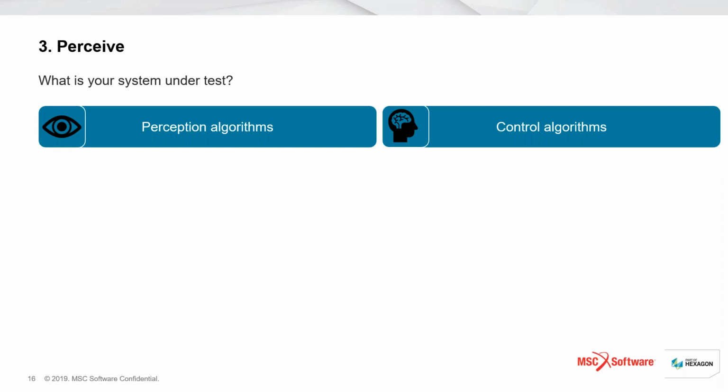You may want to test this type of perception algorithm, for example. On the right, with control algorithm, I mean the decision making. Should the car brake? Should the car accelerate? Should the car steer? Typically, all the ADAS and safety algorithms, as well as autonomous driving algorithms.